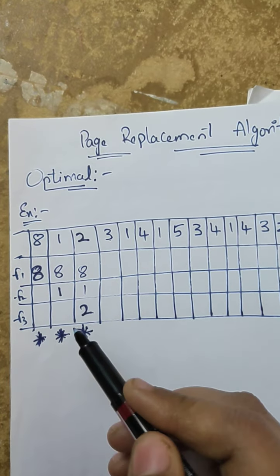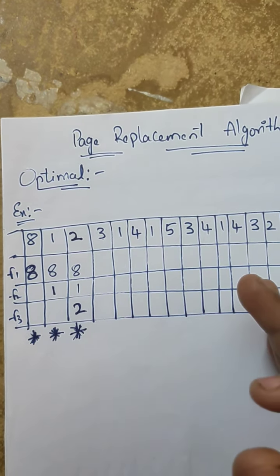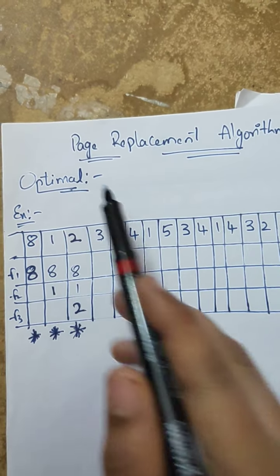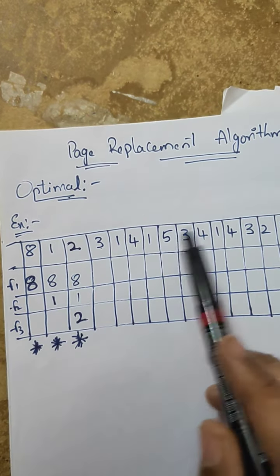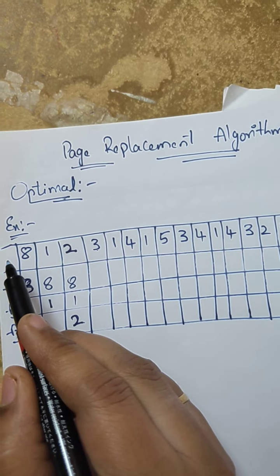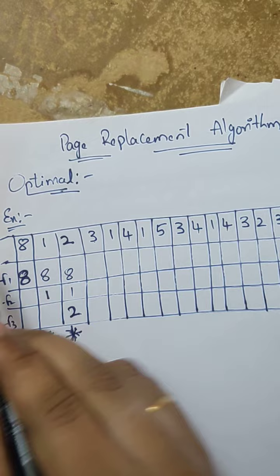So which page have to be replaced? Different algorithms have different page replacement concepts. In optimal, the demanded page searches the next frames. FIFO and LRU, the least recently used algorithm, we processed by looking at the left side.